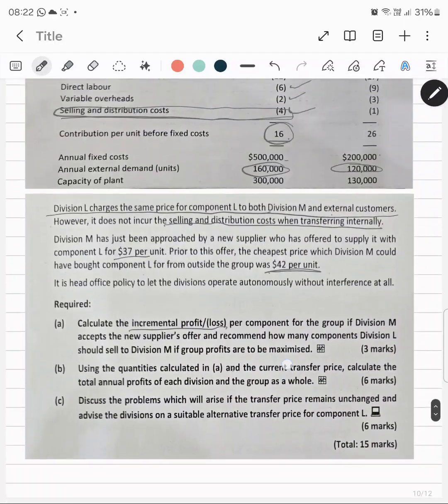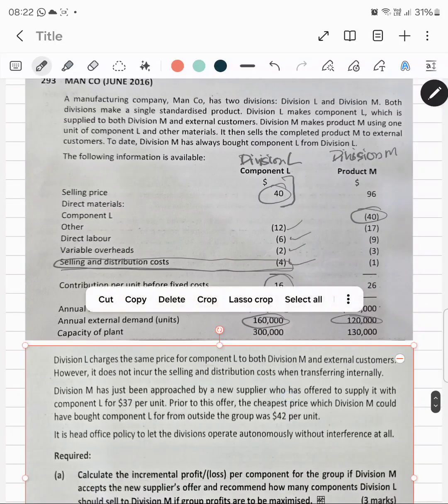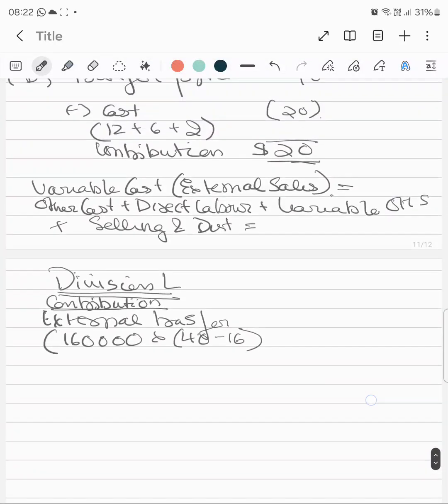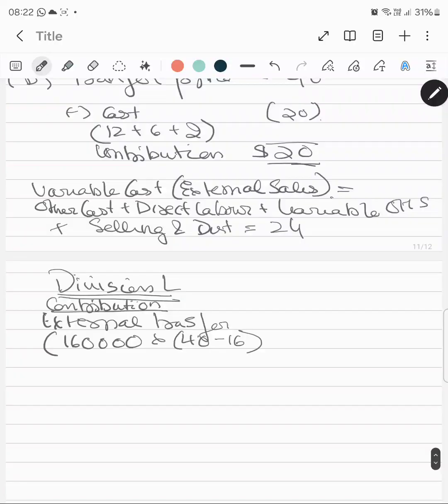So how much will this cost? It's 12 plus 6 plus 2 plus 4. Okay, so it's 24, not 16. So this is the mistake which I've done. I did some mistake in totaling.